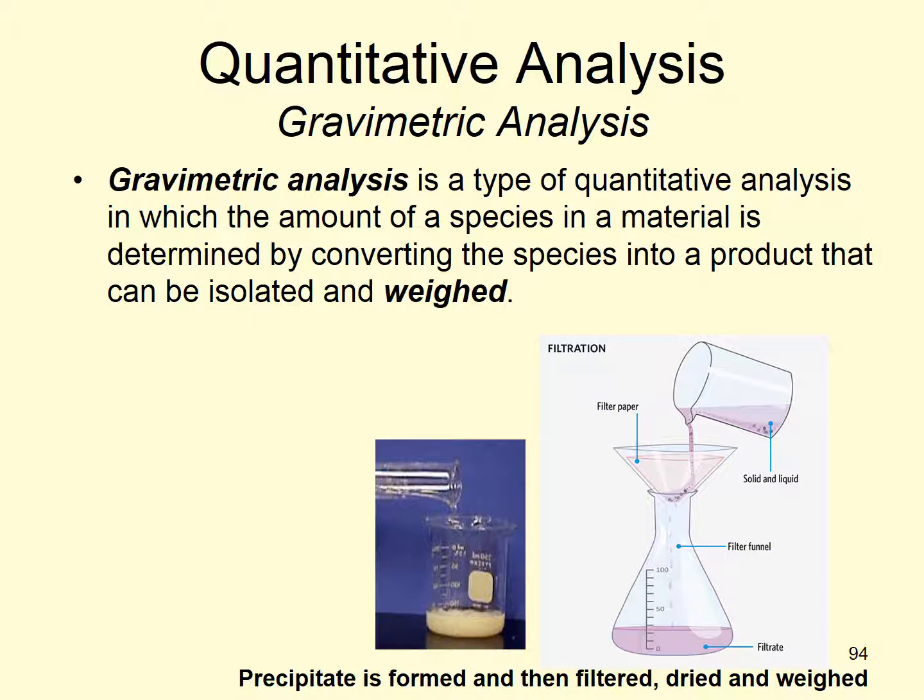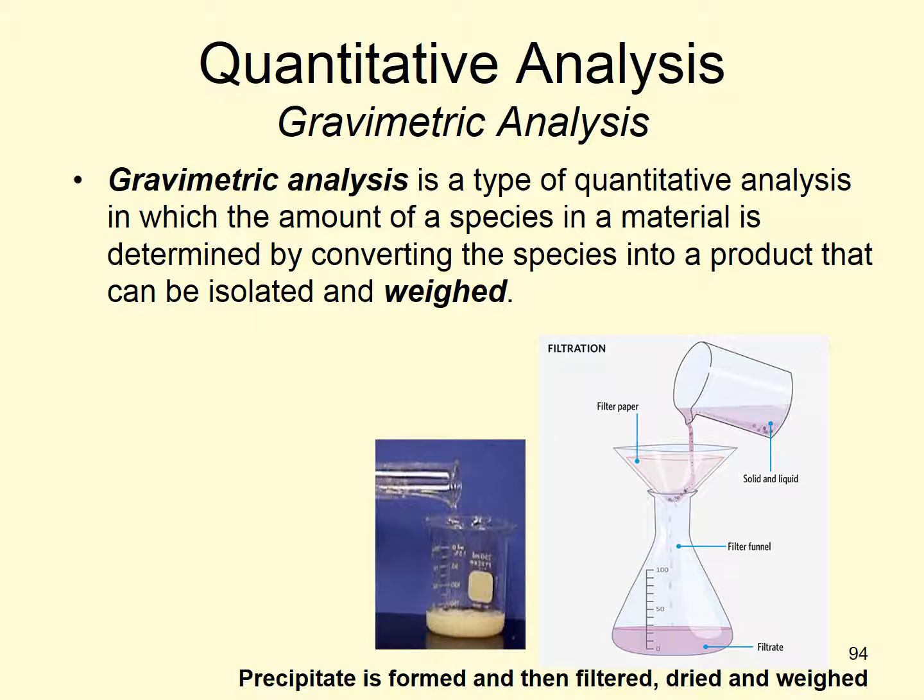Gravimetric analysis is one subset of quantitative analysis, where the amount of material is captured usually by some kind of solid. So you take what you're looking for, you convert it to a species that can be isolated and weighed. It doesn't always have to be a solid, but usually that's the easiest way. So something is converted into a species like a solid, a precipitate, and then that product can be isolated and weighed, and so you're able to figure out an amount.